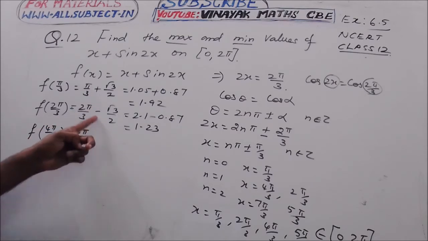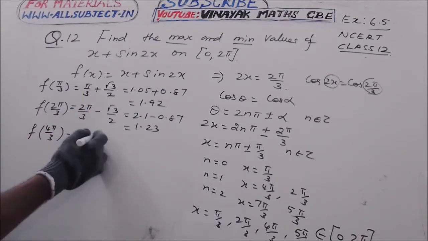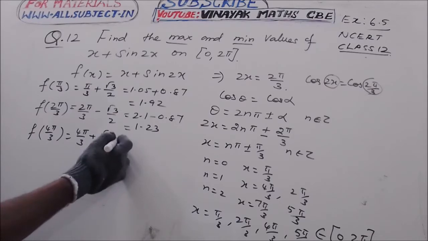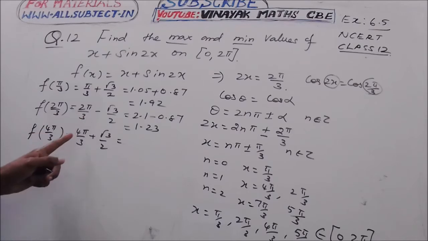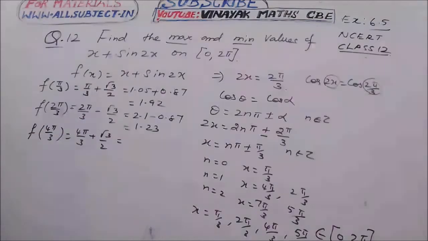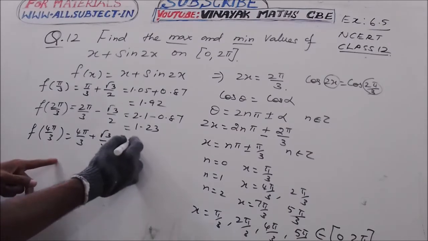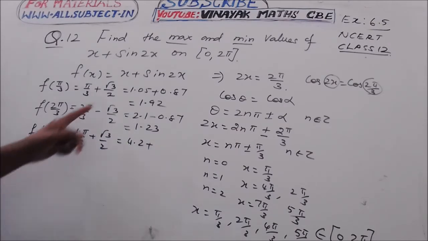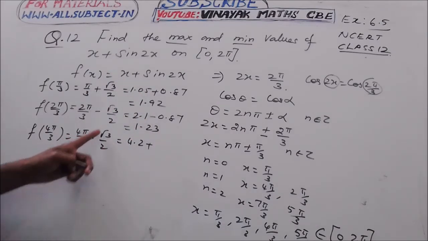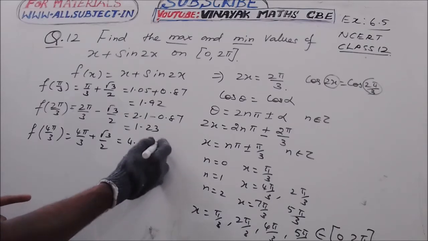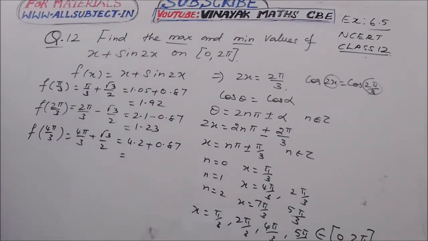Simplifying, 4 into pi by 3 means multiplying 1.05 by 4, we get 4.2, plus root 3 by 2, which is 0.87. Adding these two, we get approximately 5.07.